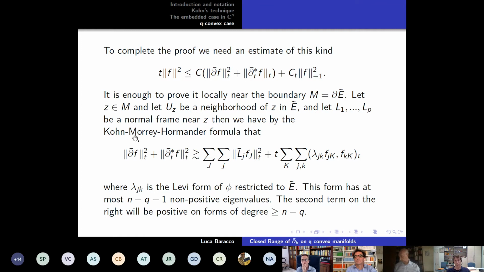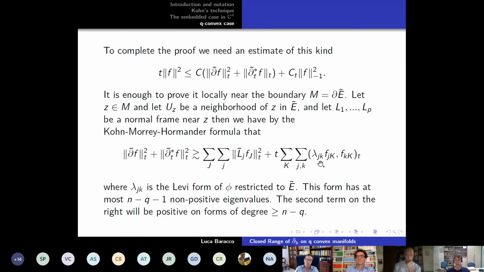So we exploit the Kohn-Morrey-Hörmander formula, and we have this inequality. Also here there should be a boundary integral involving the Levi form of M, but since M is pseudo-convex, it is positive, so I already dropped it from this inequality.